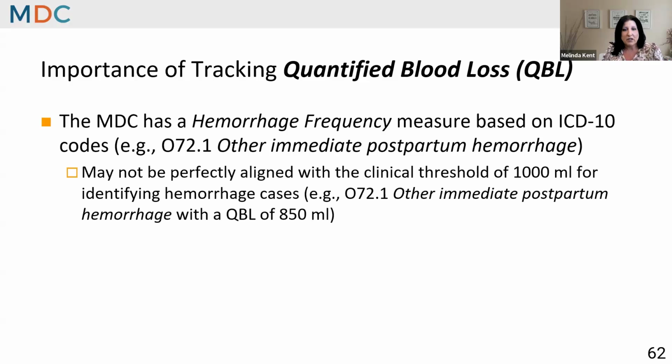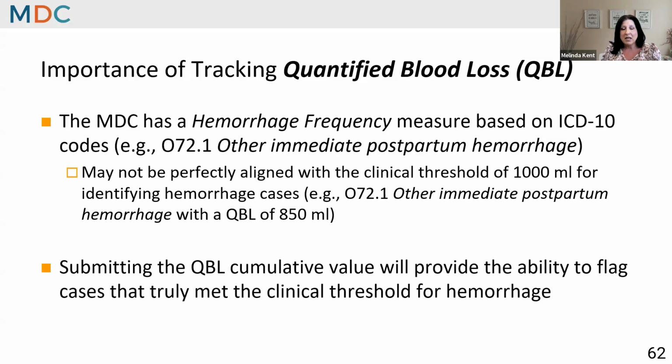So for example, O72.1 could be coded for other immediate postpartum hemorrhage because that's what's documented by a physician in the record, but then we see that the QBL is 850. And so by submitting the QBL cumulative value, this would provide the ability to flag cases that truly meet the clinical threshold for hemorrhage. So this is important for case review, QI, and analysis.